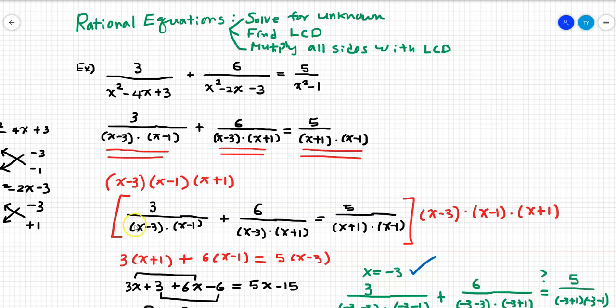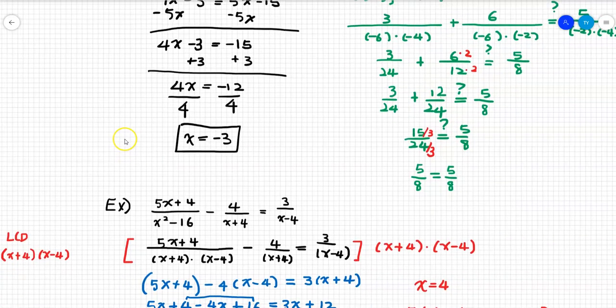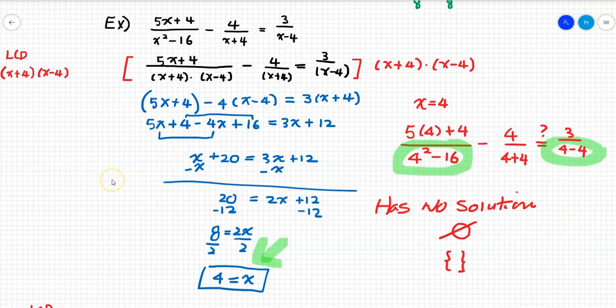And then once you eliminate the denominator, we solve for x. If it's a linear equation, we put everything with x on one side and the rest on the other. Then solve for x and make sure that you go back and check your answer. If it doesn't make any sense, then you will have to say this is not a solution.